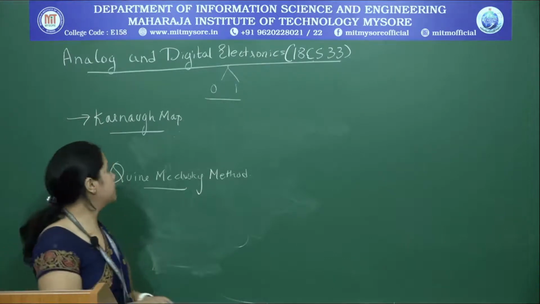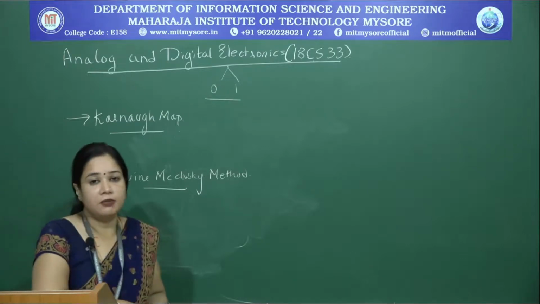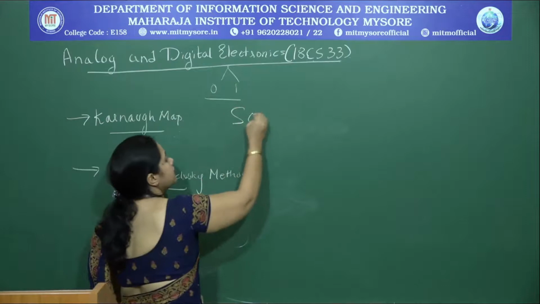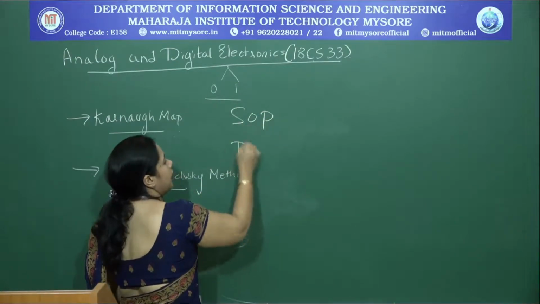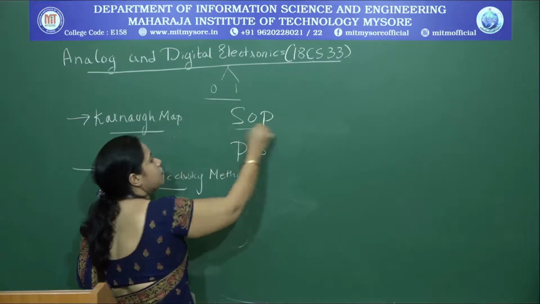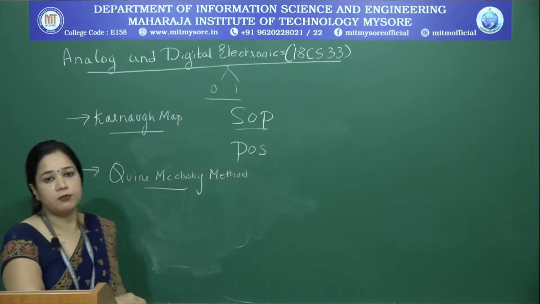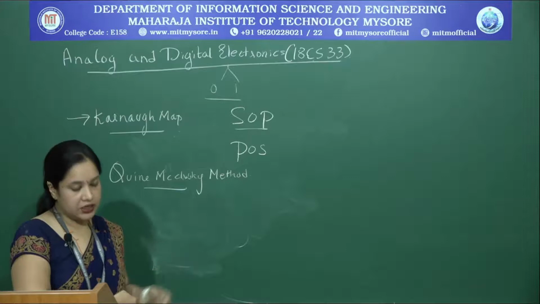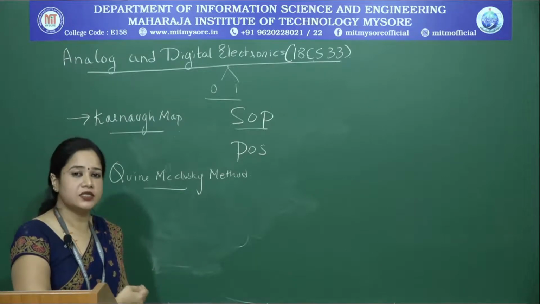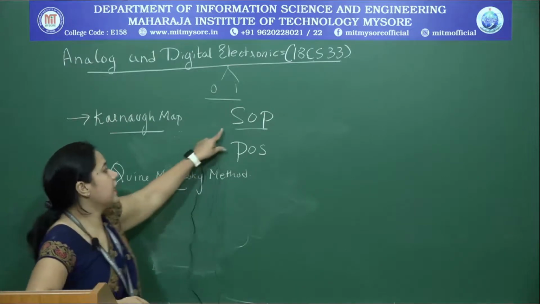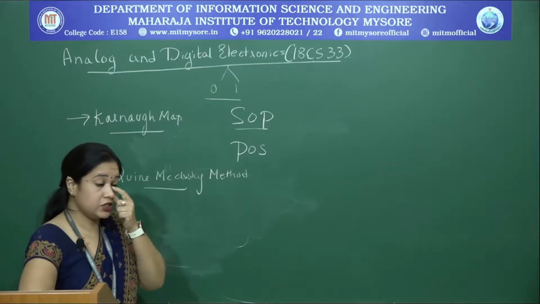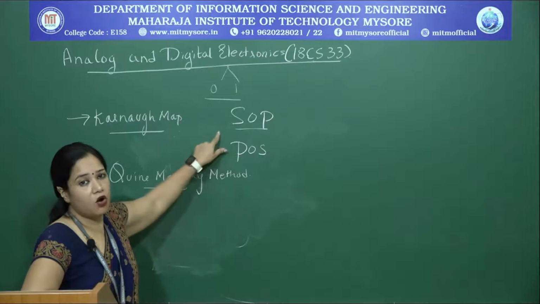Any Boolean expression can be represented in two forms. One is sum of products, SOP form, and the other is POS form. In SOP form, as the name indicates, it is a sum of products, wherein you have a series of product terms which are summed together. This is realized in two levels, using a series of AND gates followed by an OR gate.